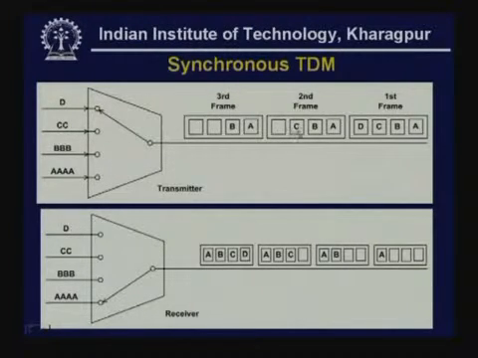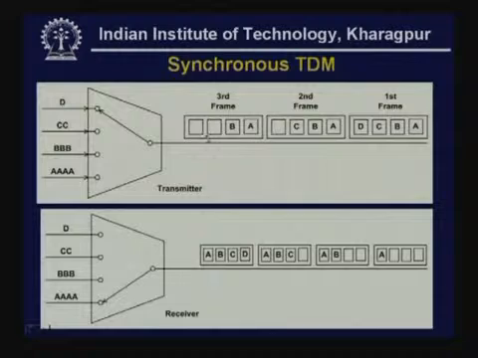However, so far as the second frame is concerned, A, B, C are filled up, but there is no data in the fourth slot. So, this remains empty. And so far as the third frame is concerned, you have only 2 data, A and B, coming from source A and source B, and source C and source D have no data.